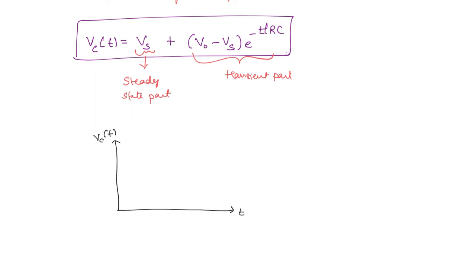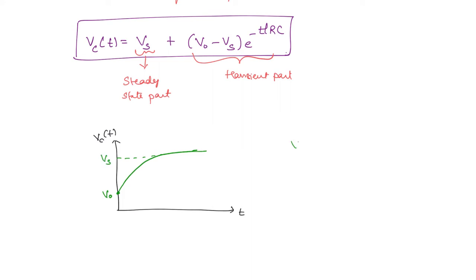So the initial value you can get by substituting t equal to 0 here. If t is equal to 0, then this exponential will become 1. So Vc(t) is equal to Vs plus V0 minus Vs. So V0 will be the initial value. So it will start here and then it is going to rise exponentially. And where will it settle down? The final value is going to be Vs.